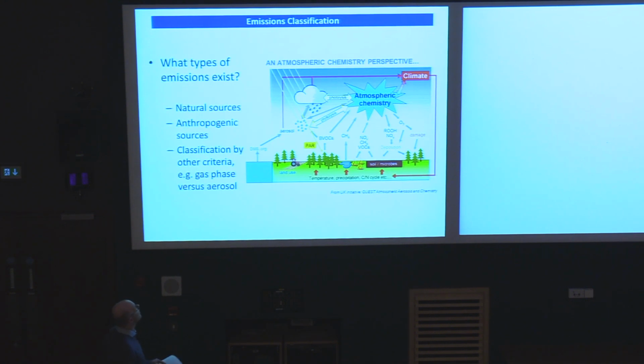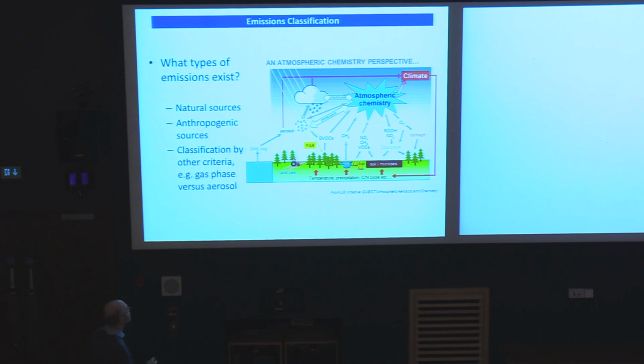Okay, so about emissions, what types of emissions do we have? The most common top-level classification is the division between emissions of natural sources and anthropogenic sources. Natural sources or natural emissions are those that occur as part of the biogeochemical cycles of our planet without human interference.